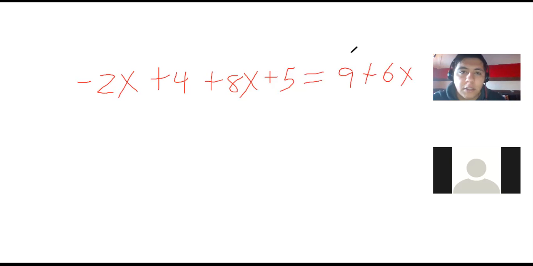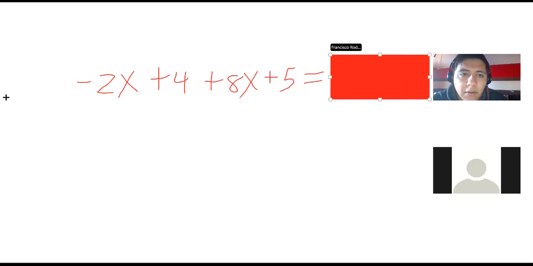Okay, so again, if you notice, the right side is simplified already, so we can ignore that for now. Let's just simplify the left side of this.